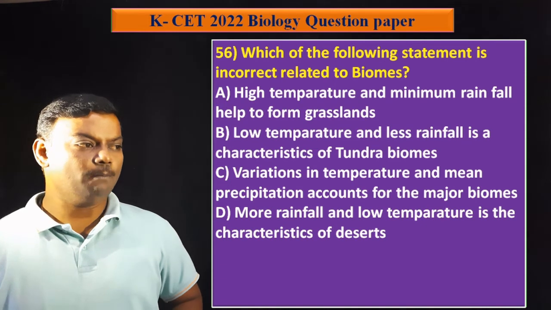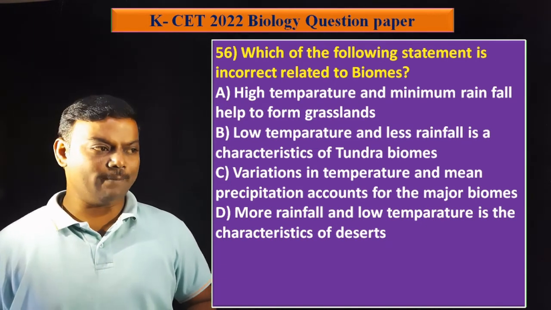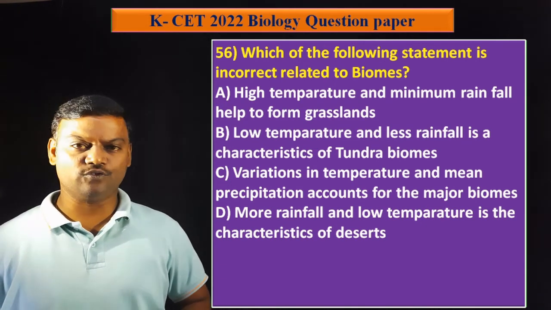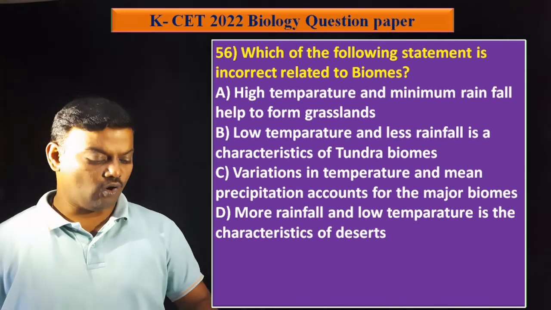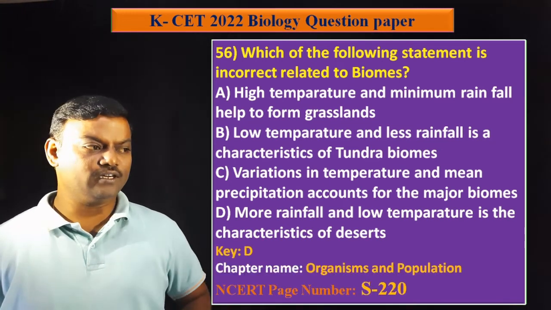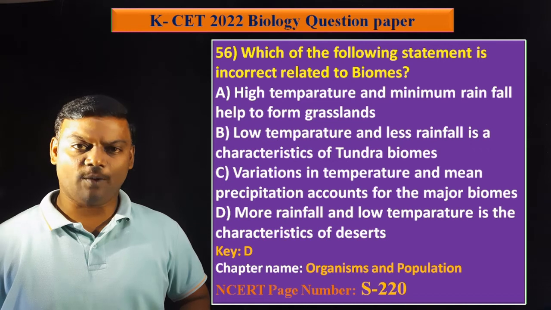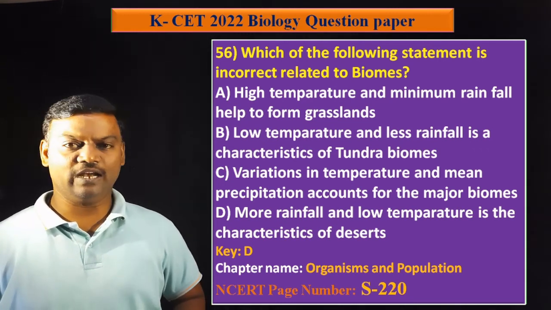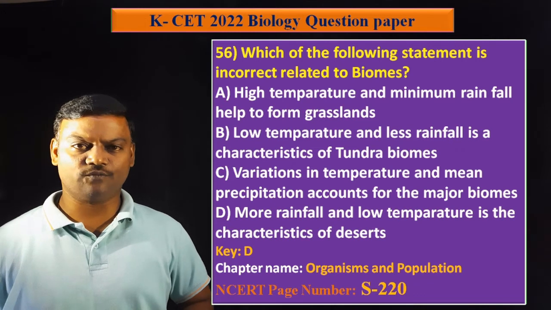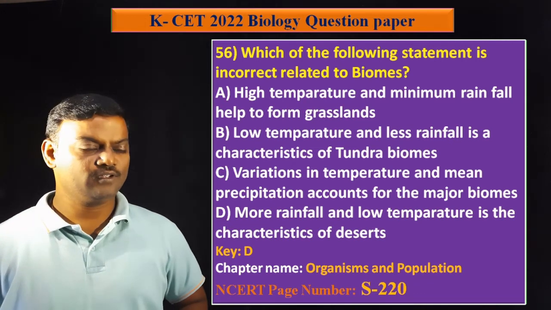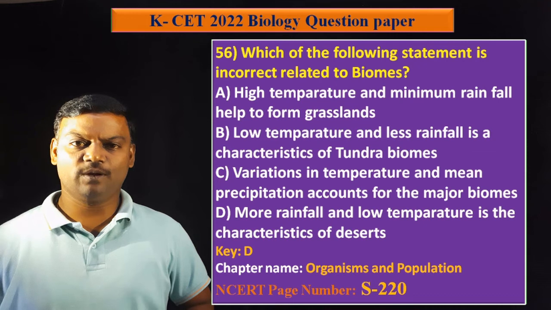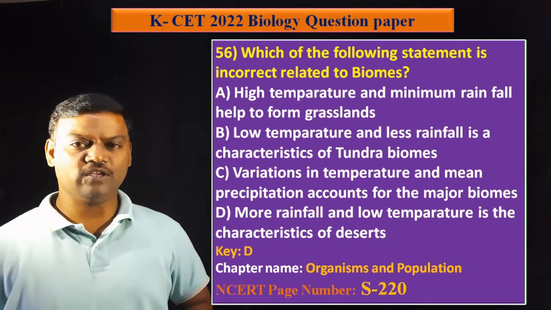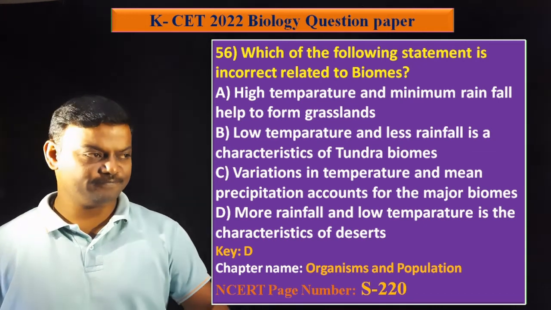Option D, more rainfall and low temperature is the characteristic feature of desert. Out of these four statements, the incorrect statement is option D. More rainfall and low temperature never lead to the characteristic features of deserts. It is a question from Organism and Population, NCERT page number 220.